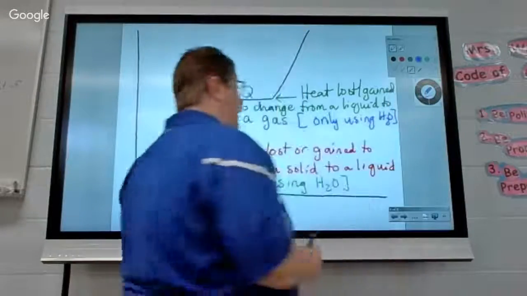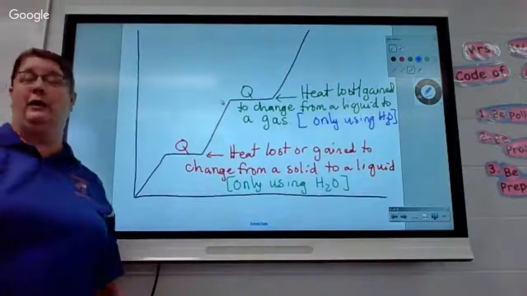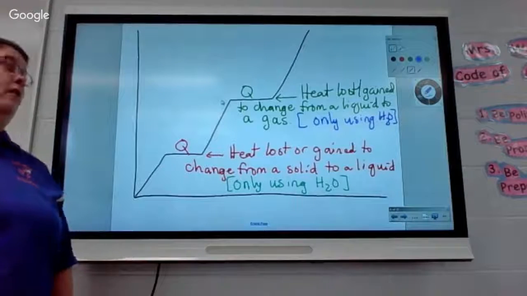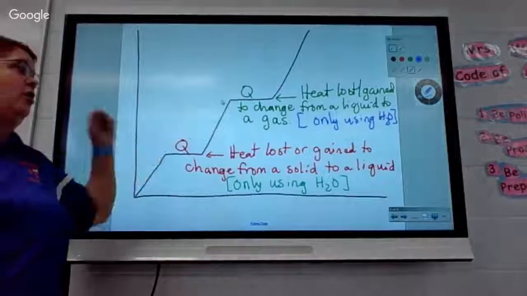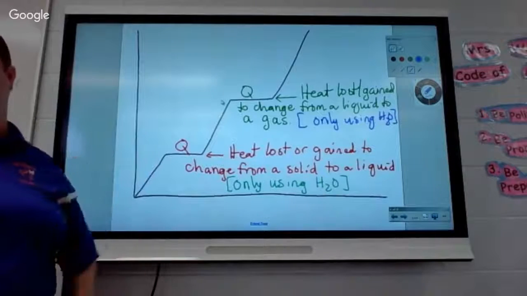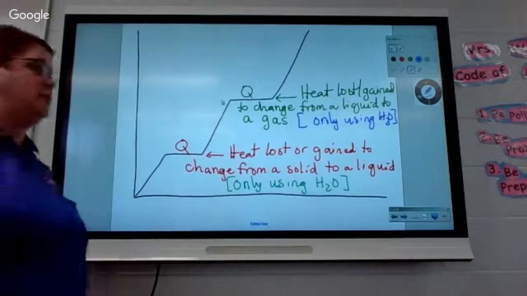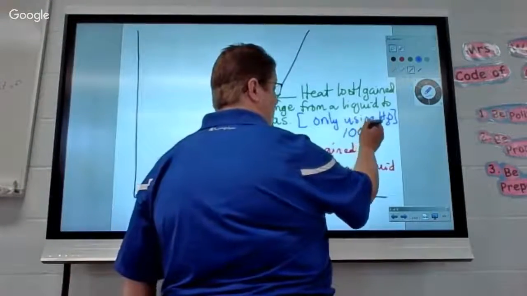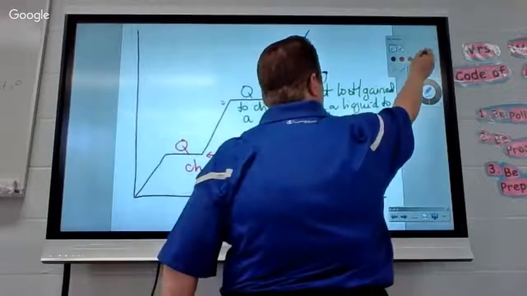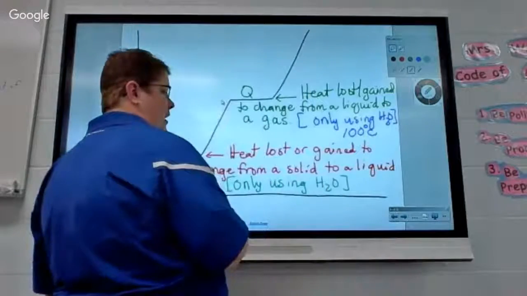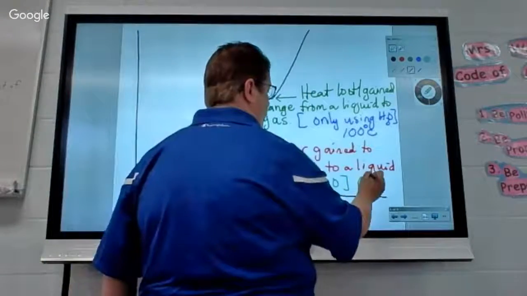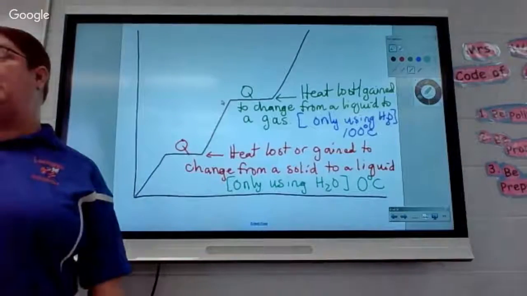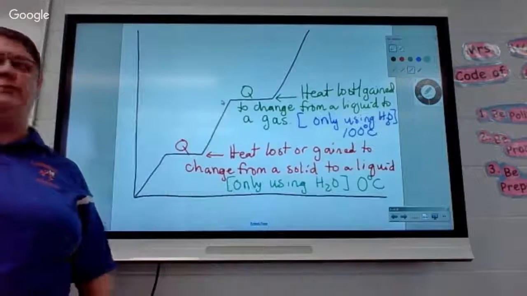So, given that we're limiting ourselves to only using water, these two things are going to take place at particular temperatures in our questions. So this is going to take place at 100 degrees Celsius, and this one is going to take place at 0 degrees Celsius. And that's likely to be stated in the math problem itself.